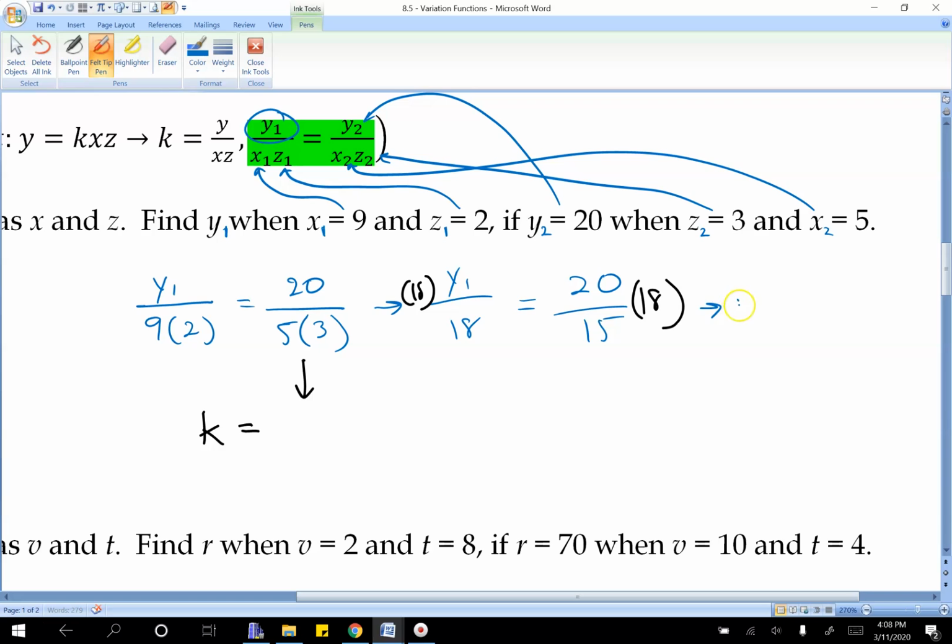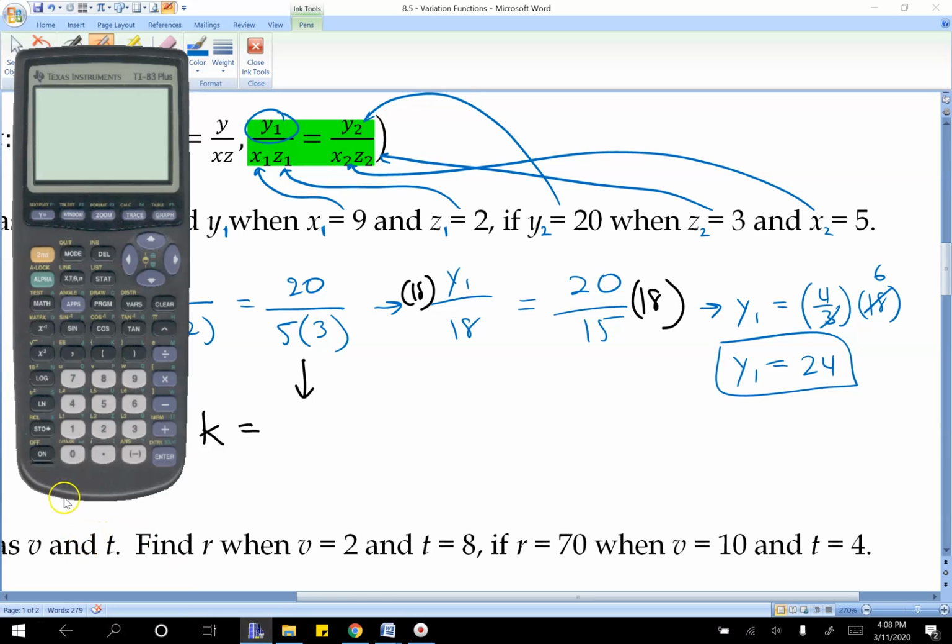Alright, so y1 is going to equal this 20 over 15, which is going to reduce to 4 over 3 times 18, and you can see this cancels out, it becomes 6. So y1 equals 24. I'm just going to check with my calculator really quickly just to make sure I did all right.